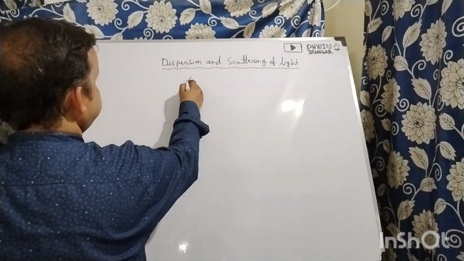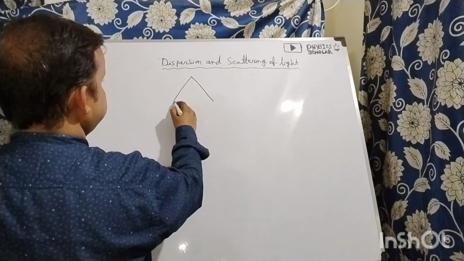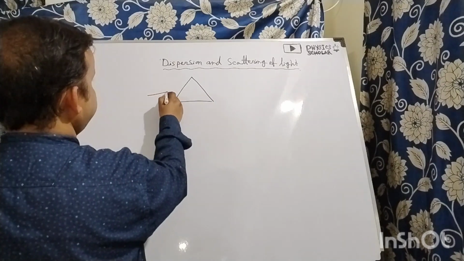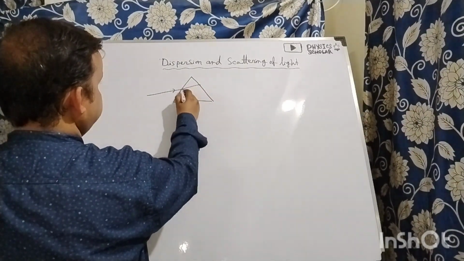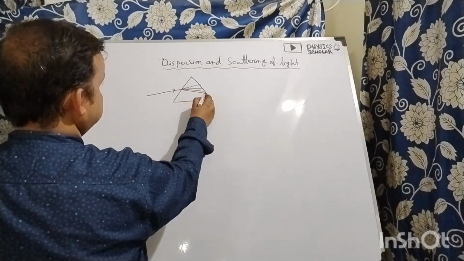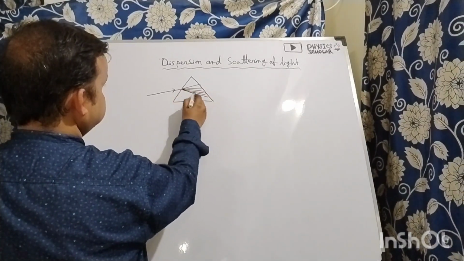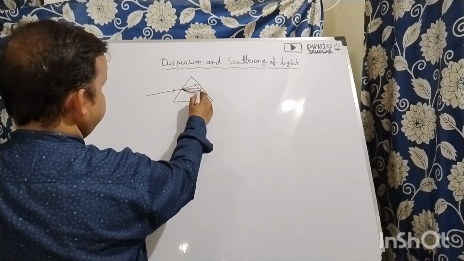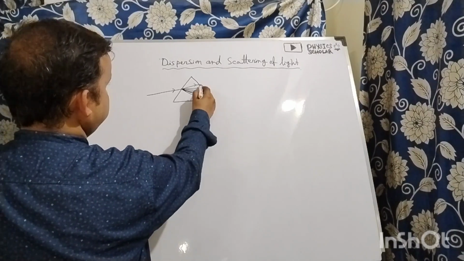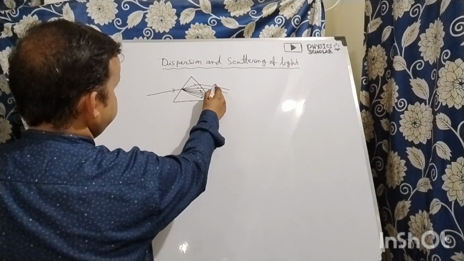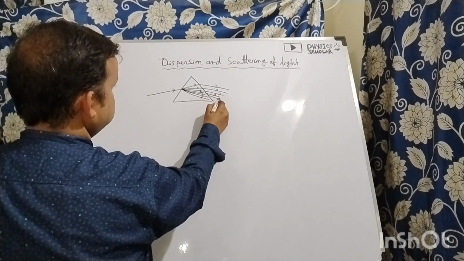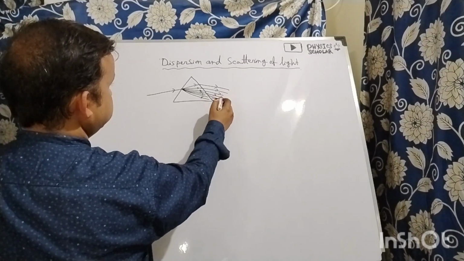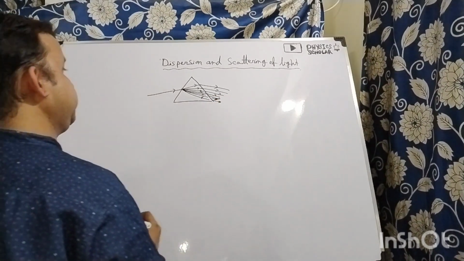Now, suppose this is the prism. If a white ray of light is refracted through the prism, what will happen? It will be split into 7 different colors.